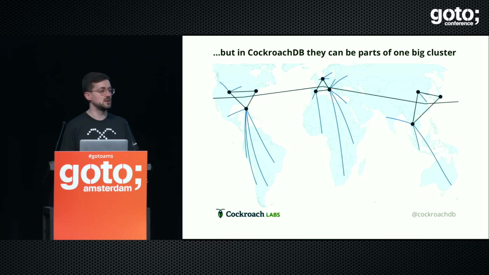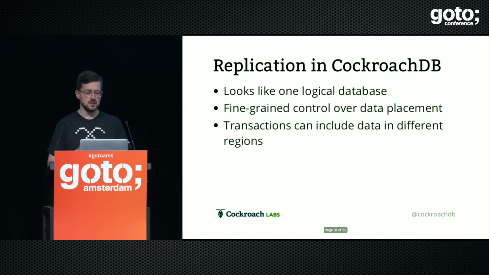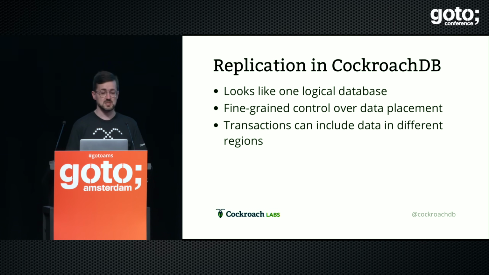And so this gives you the flexibility to choose the right replication model for particular types of data in your application. So to explain in more detail how exactly replication works in CockroachDB, first of all, from the application's perspective, it looks just like one big database. There's no user-visible distinction that you're having to cross these regions or other boundaries.